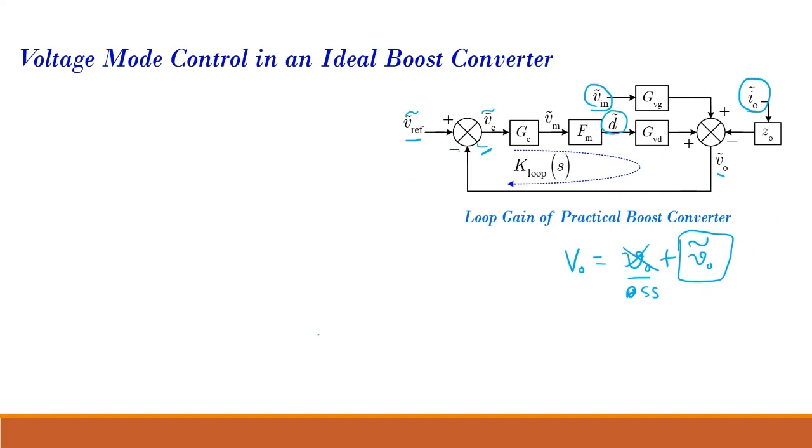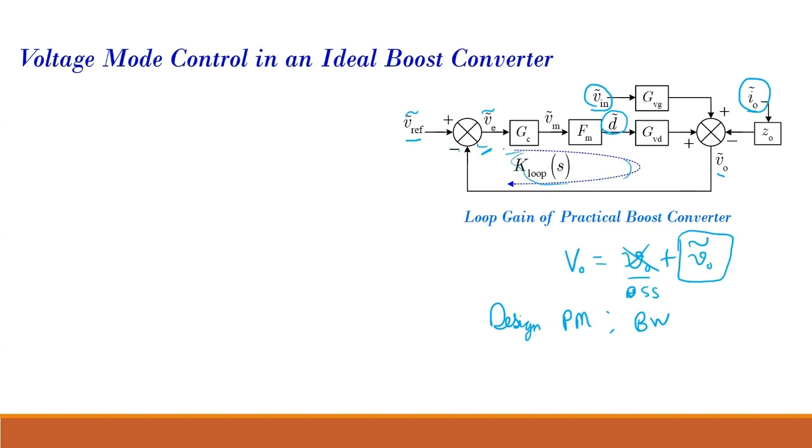When we want to design with a certain phase margin and a certain bandwidth, we have to consider a loop transfer function. So how do you find the loop transfer function? If you see the system, this is my loop. A loop is a closed path.